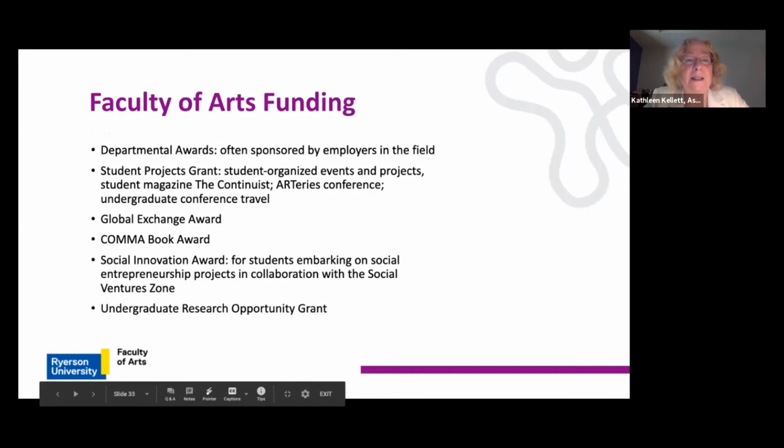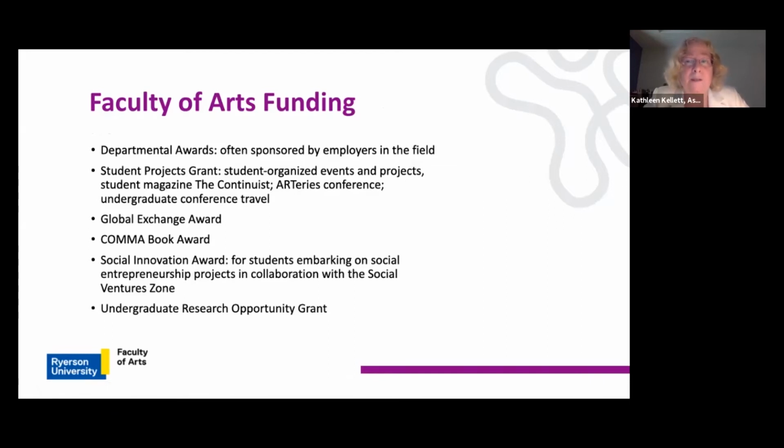The Faculty of Arts, when you become a student of Ryerson and you enter our complex computer system, there is a new platform called Award Spring, and as you go into that system, it'll tell you these are the awards that you are eligible to apply for.